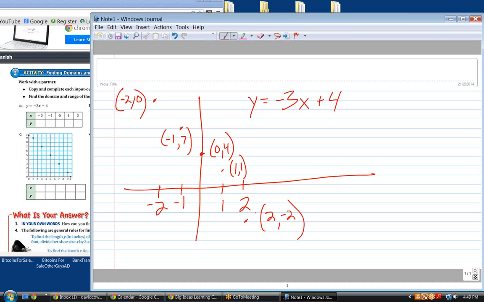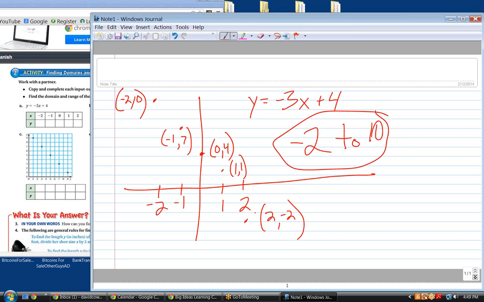What is the range of this table? So, what's the lowest number and the highest number? So the lowest number is negative 2, and then the highest number is 7. Remember that first value was 10? Oh, right.